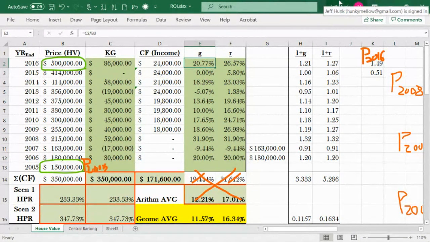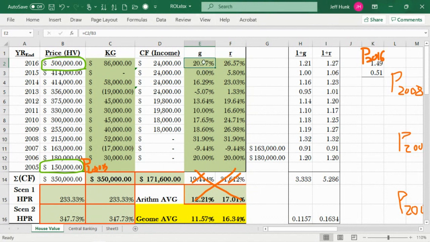Why? Because there is a compounding going on. Taking the average growth rate means annualizing, taking the annual average growth rate.